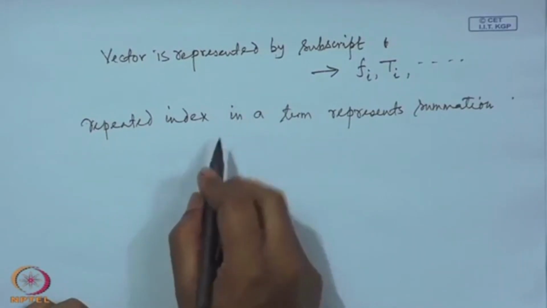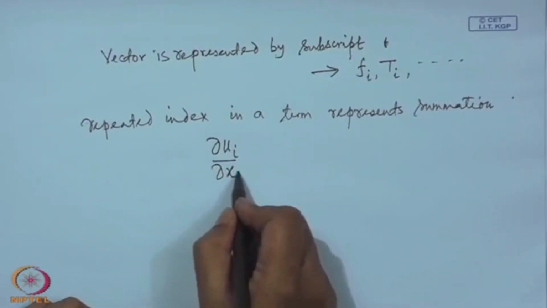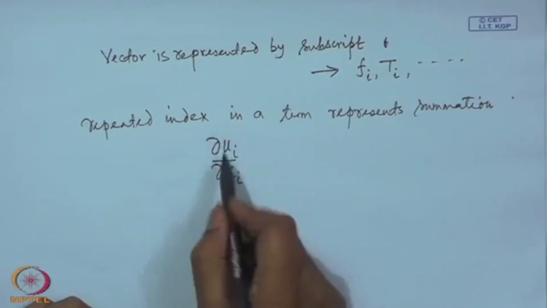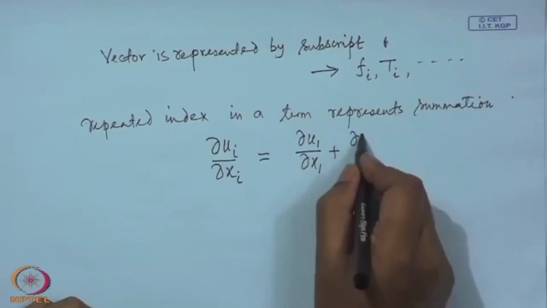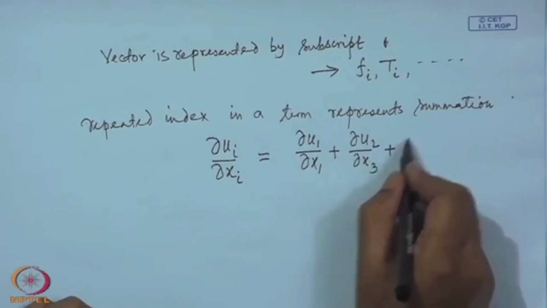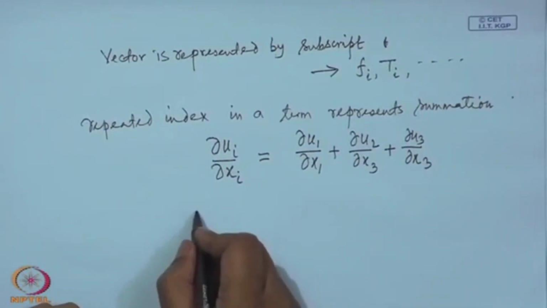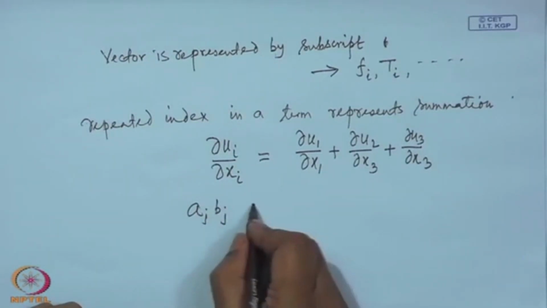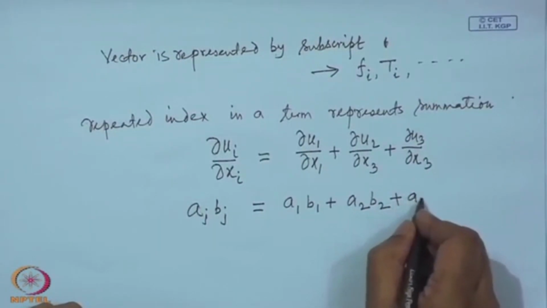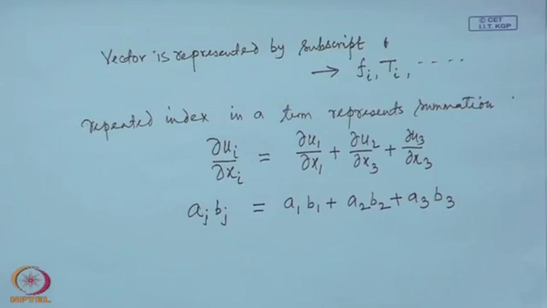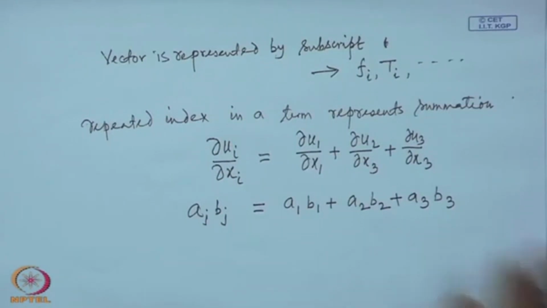As an example, this is one term where this i is repeated, so whenever this term is there, it means the sum. Similarly, if we write this, we do not need to write sigma j equal to 1 to 3, that is not required. This automatically means this.